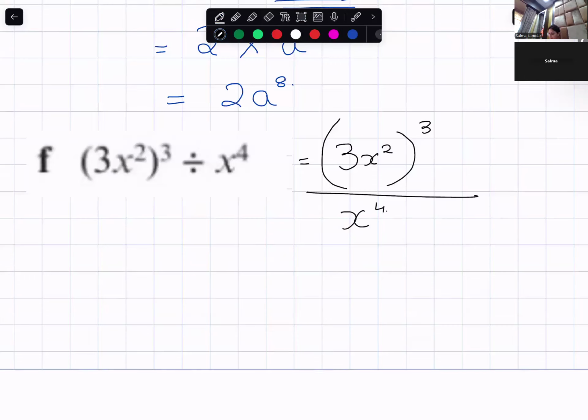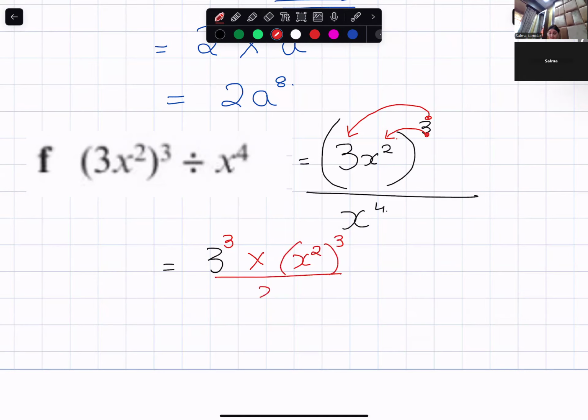Now remember, this 3 belongs to this also, and this 3 belongs to this also. So this would become 3 cubed multiplied by x squared, the whole to the power 3, divided by x to the 4.